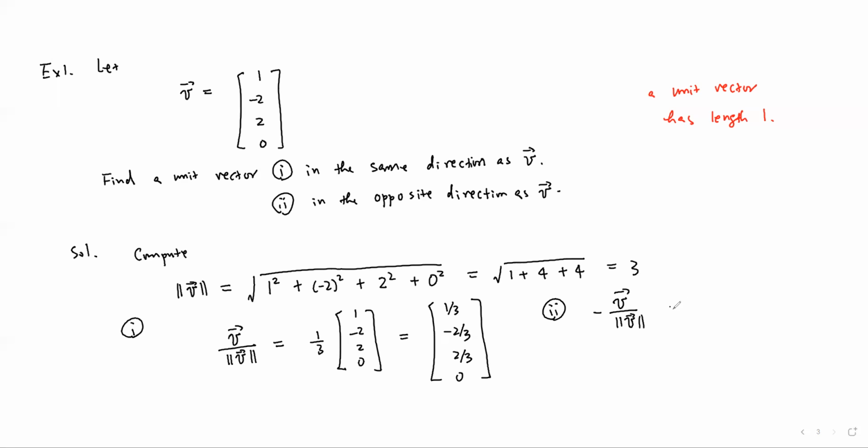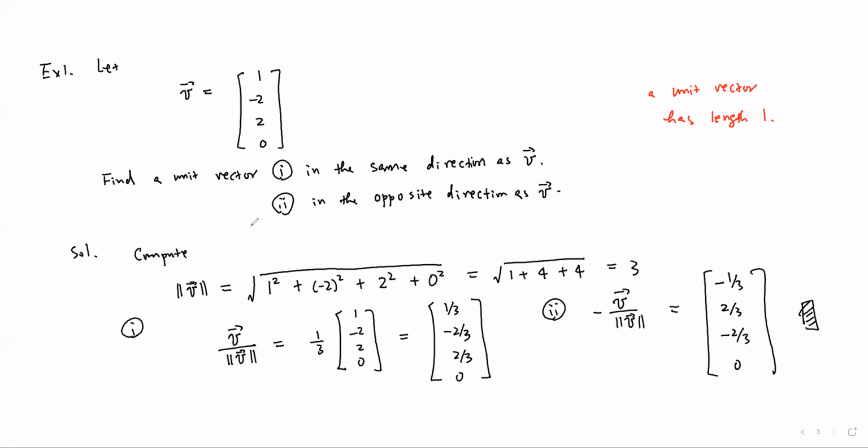Add a minus sign to all the entries: -1/3, 2/3, -2/3, and then 0. This vector is a unit vector and in the opposite direction as the vector V. Done. This is the answer to this example.